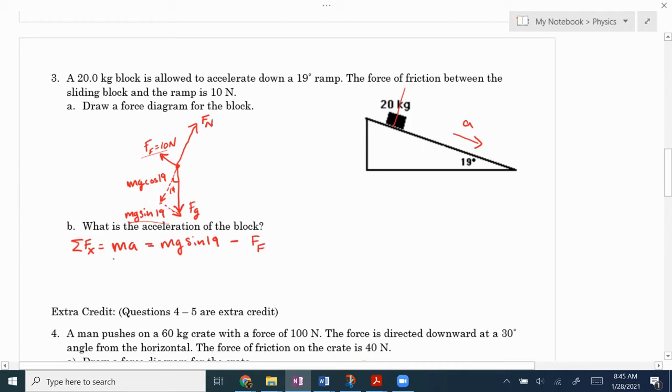Again, we're solving for the acceleration, so let's go ahead and plug in our 20 times 9.8 sine 19 minus the force of friction, which is 10 newtons. So 20a equals 20 times 9.8 times the sine of 19 degrees, which gives you 63.8, minus the 10.